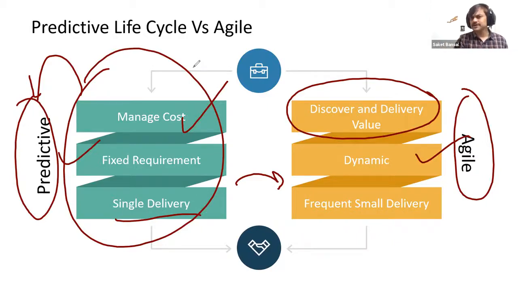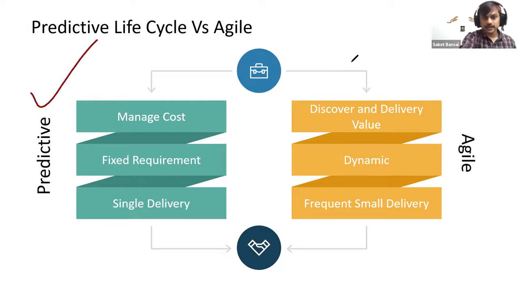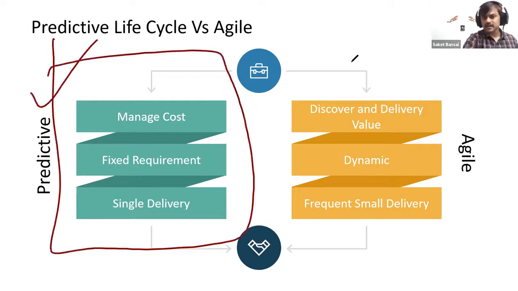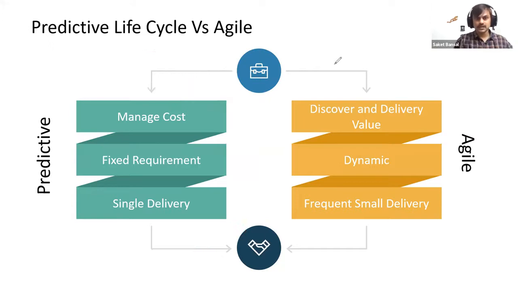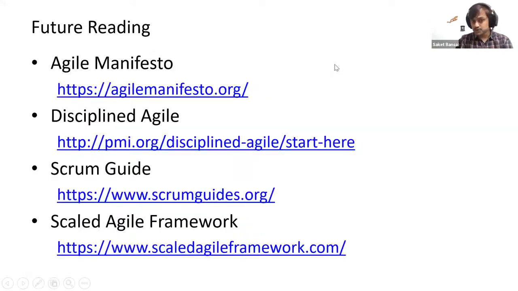And this is nothing like right and wrong. There is a context. When I can do this, why go here? When I cannot have a fixed requirement, I cannot manage the cost because I don't have scope clarity, then I do this. That's the point I want to close with, and show something about future reading.